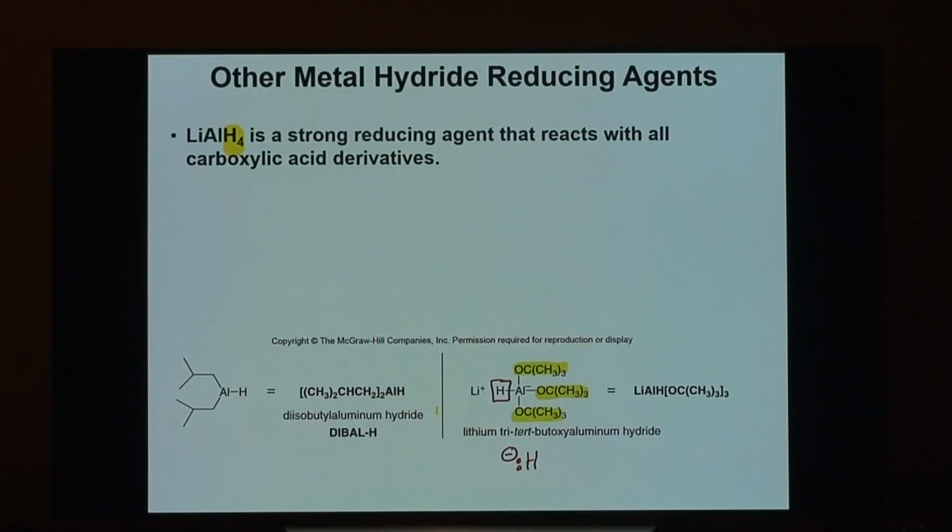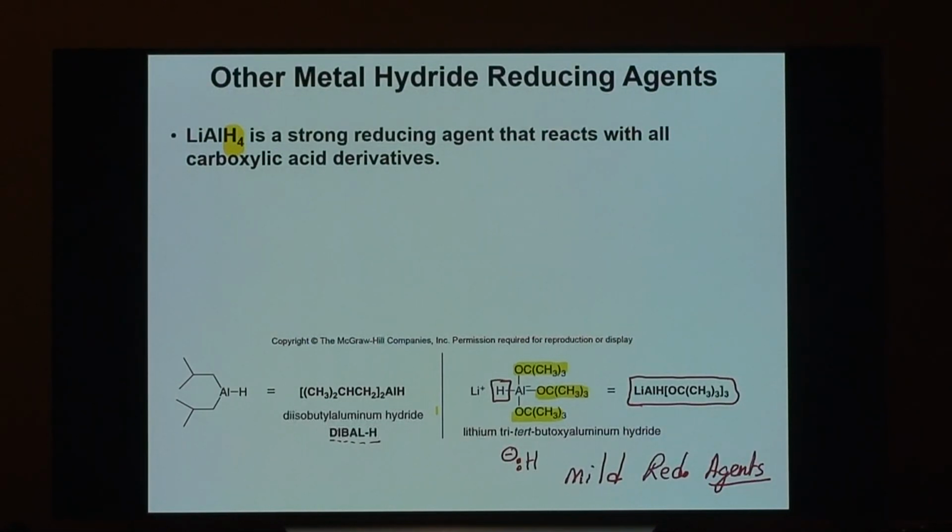This compound is called lithium tri-tert-butoxyaluminum hydride, and this is how we normally abbreviate it, and this is how you're going to see it in the reaction. These are called mild reducing agents. Another mild reducing agent is diisobutylaluminum hydride, DIBAL-H.